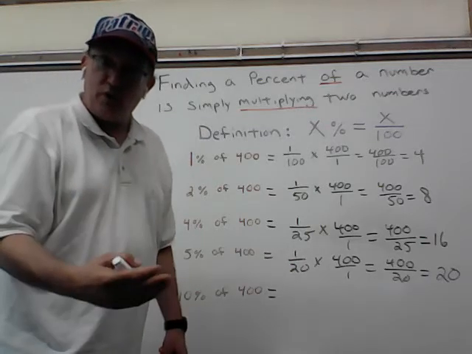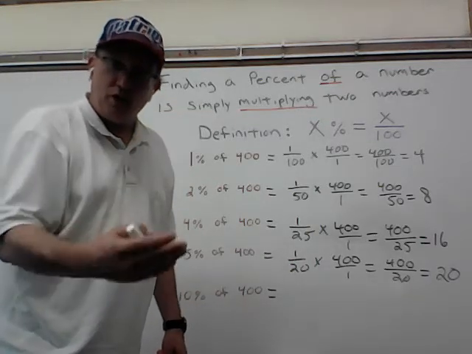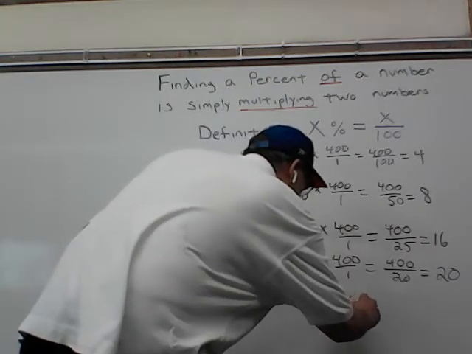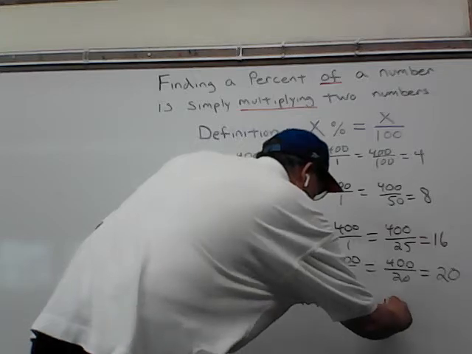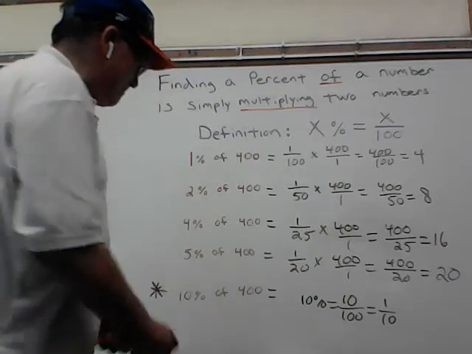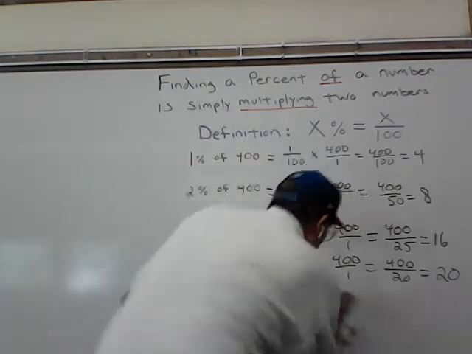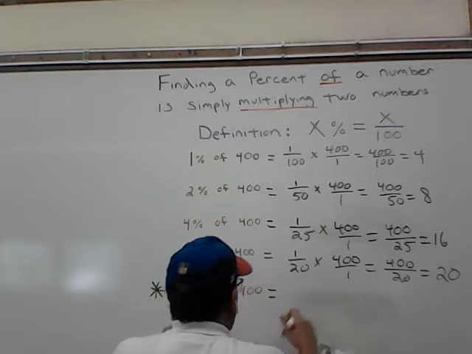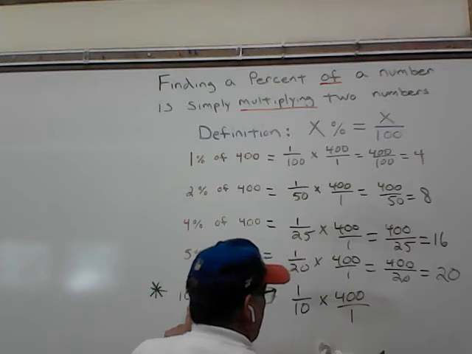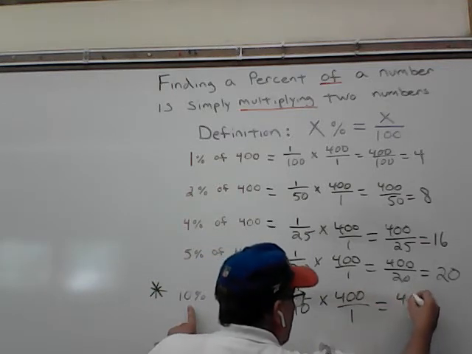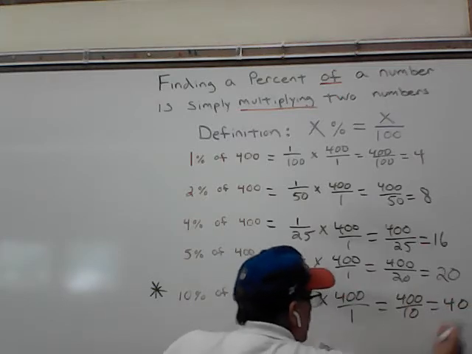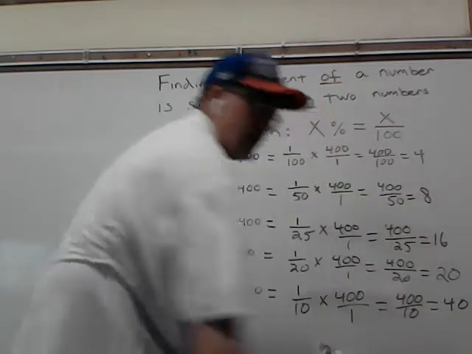What does 10 over 100 simplify to? 10 over 100 is 1/10. 10% equals 10 over 100, which simplifies down to 1/10 if you divide the top and bottom by 10. Okay? So I will replace the 10% with 1/10 times 400 over 1. Multiplying across the top and bottom, we get 400 over 10, and 400 divided by 10 is, of course, 40. These are the same answers we had before.